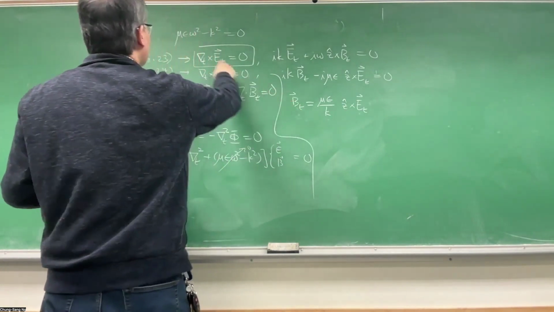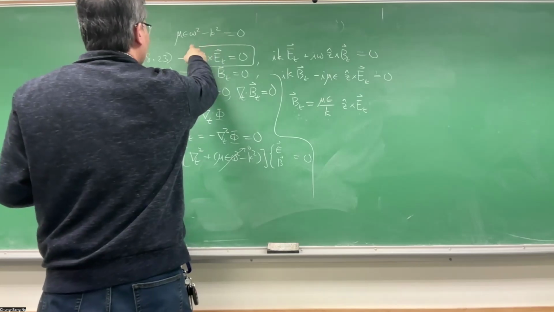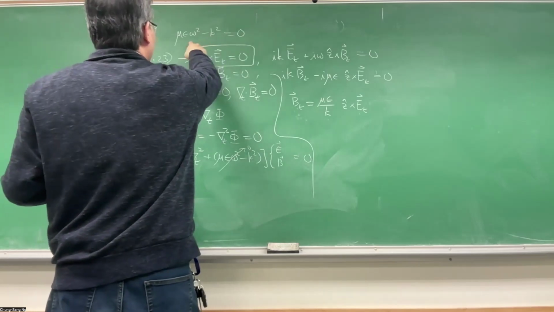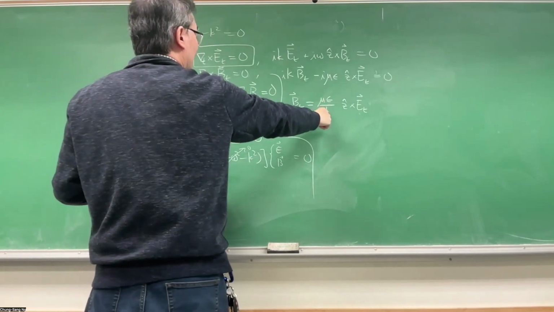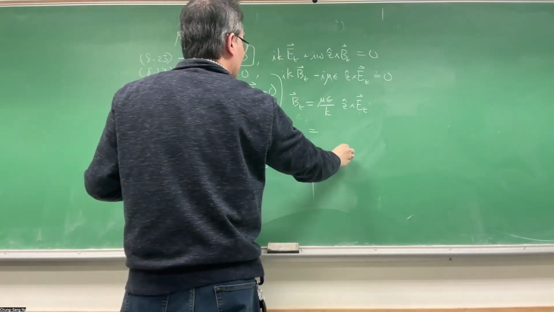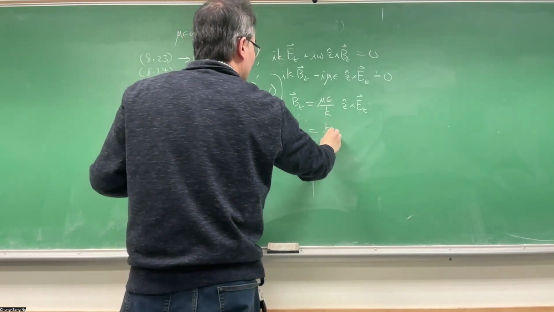And you can also use this one: epsilon mu omega squared is k squared, so you can substitute that in here. So that becomes k squared over omega squared.